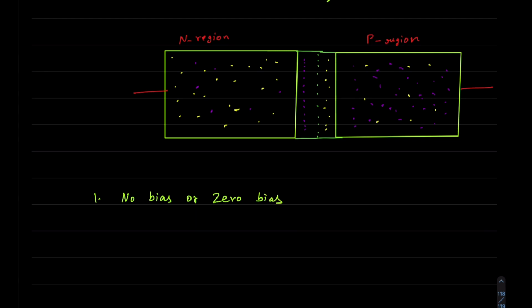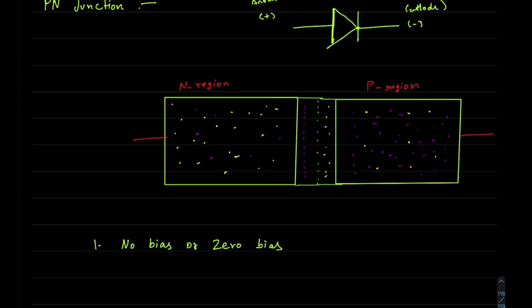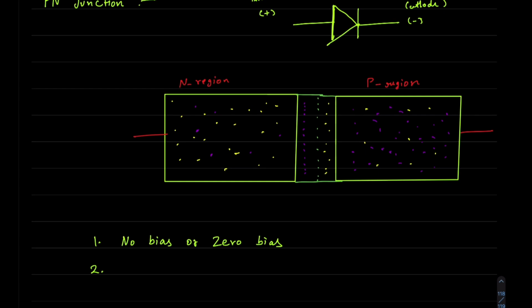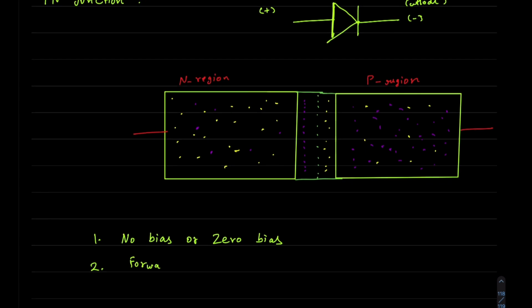This is where we have not applied any additional energy or additional battery to the PN junction diode. Second is forward bias, and third is reverse bias.